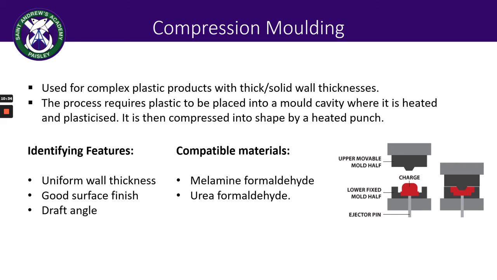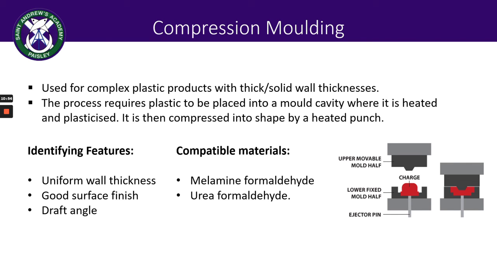So our final manufacturing method for plastic we're going to look at is compression moulding, and this is used again for complex shapes, but with thick solid wall thicknesses rather than the thin material that vacuum forming is involved with.